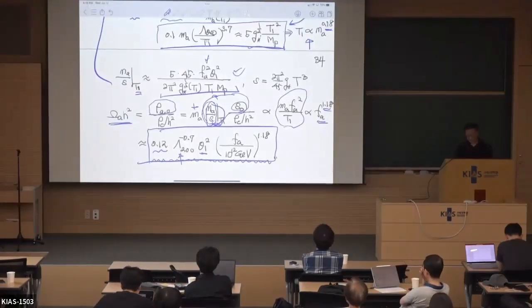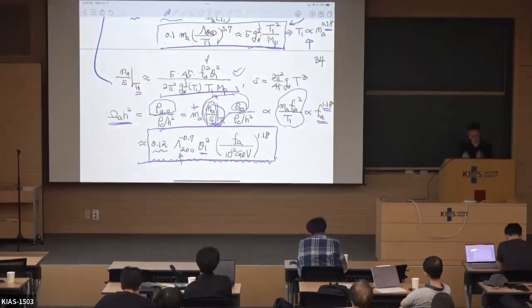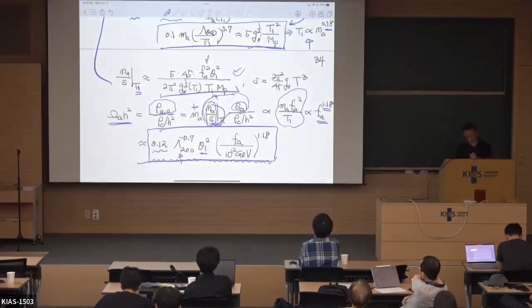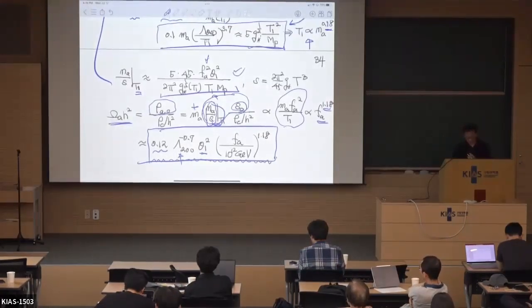So now the axion was introduced to solve the strong CP problem. I mean, probably this is the best solution to the strong CP problem. Then we realized that this condensate, classical axion field, can be a dark matter candidate of the universe.